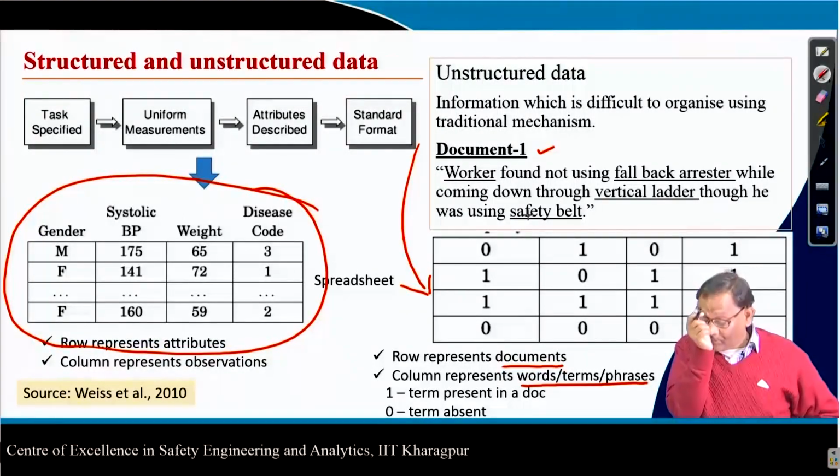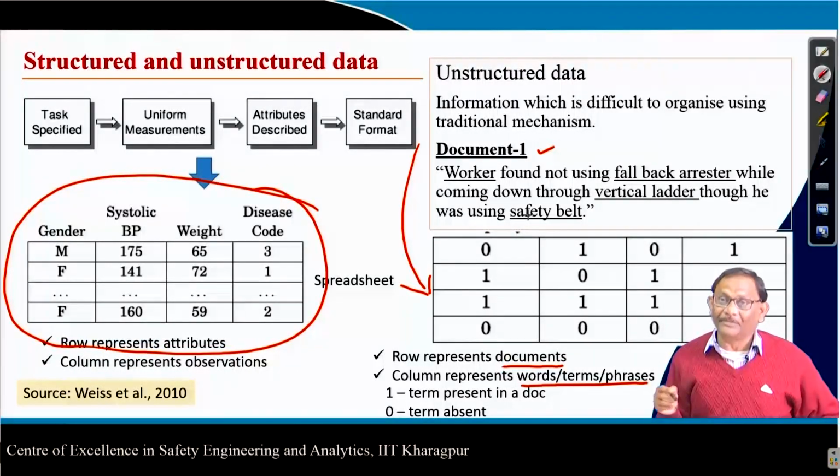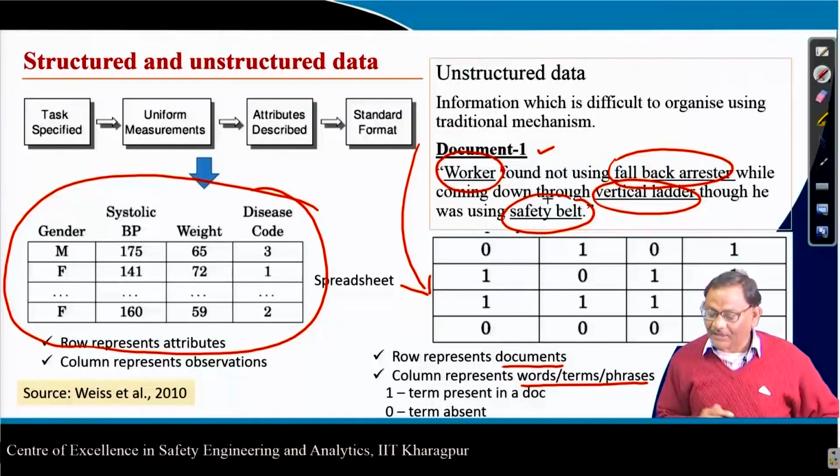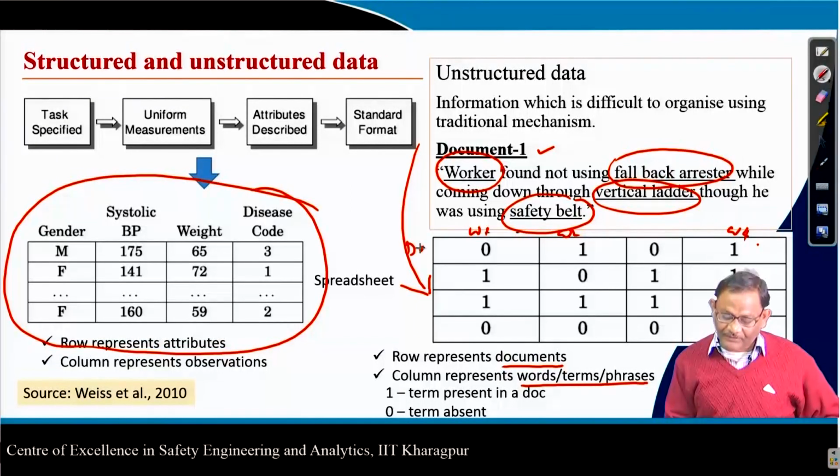So what are we actually interested in? Maybe because of your hazard knowledge, because of your safety ontology knowledge, you may think that worker is an important word, fallback arrestor another one, vertical ladder another one, safety belt. How many words are there? 4 words. So I can say this is word 1, word 2, like word 4. This is my document 1.